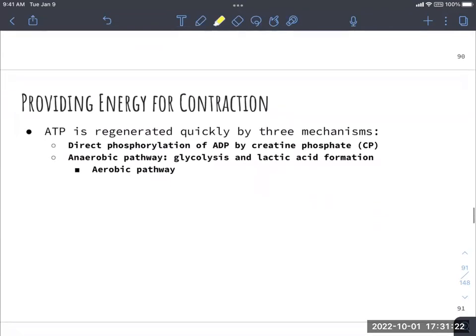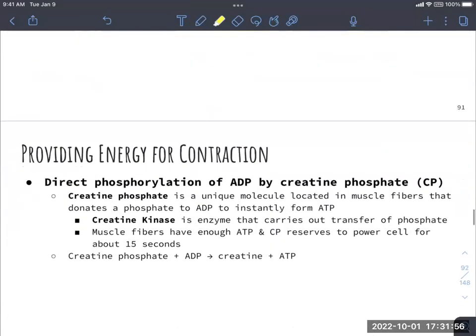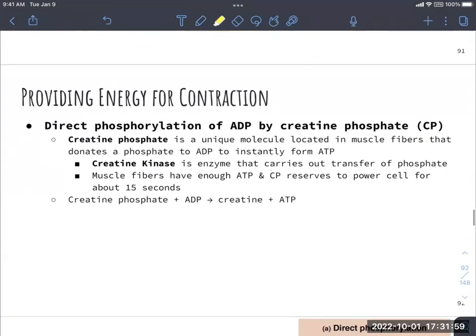So we use a couple different ways to get our ATP. We can do direct phosphorylation of ADP by creatine phosphate. We'll look at that. We have an anaerobic pathway, which uses glycolysis, and it uses lactic acid to make energy. We have an aerobic pathway, which uses the electron transport chain to make ATP. So what is that direct phosphorylation of ADP by creatine phosphate? What exactly is it?